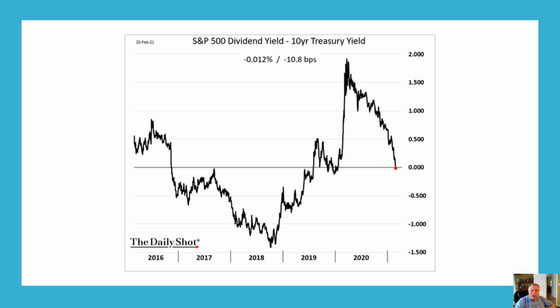And conversely, if the Treasury yield is higher than the S&P dividend yield, it tends to indicate bonds. Well, what happened this week is it actually became zero, where we had gone most of 20. In fact, if we go back here, most of 19, we found that the S&P dividend yield was greater than the 10-year. And right now, it's come to zero. So that's sort of influencing the market's thought at the moment.